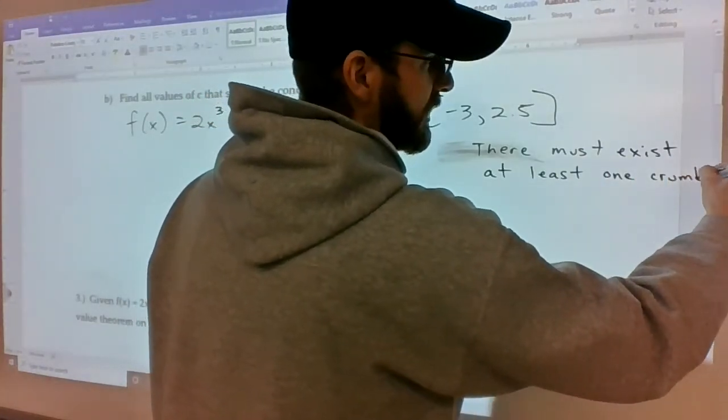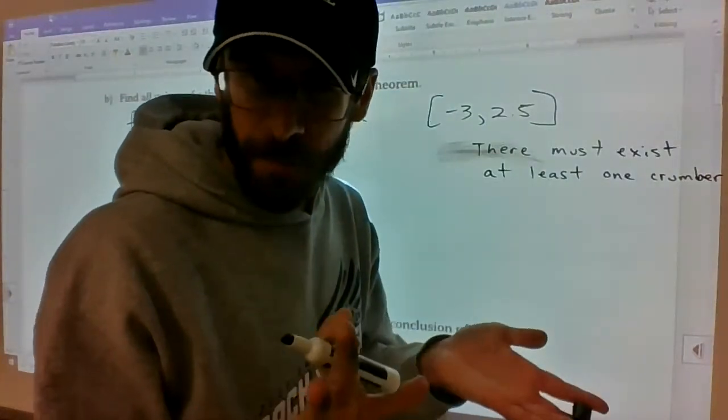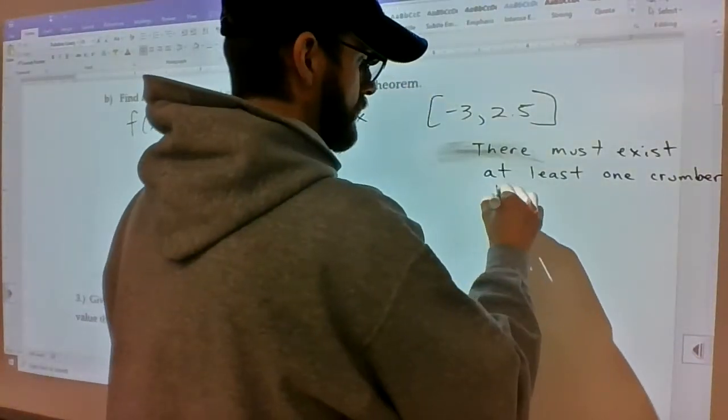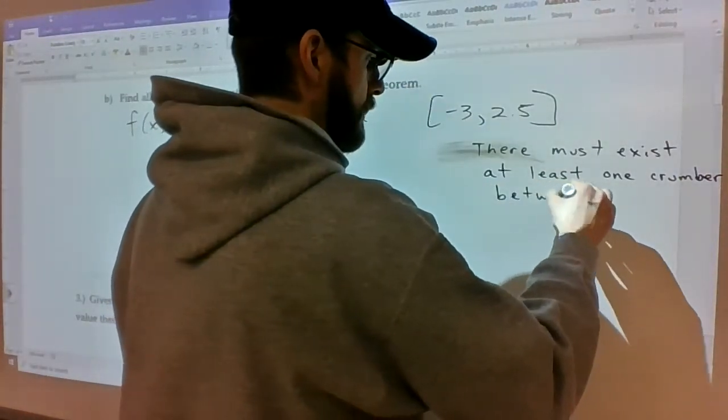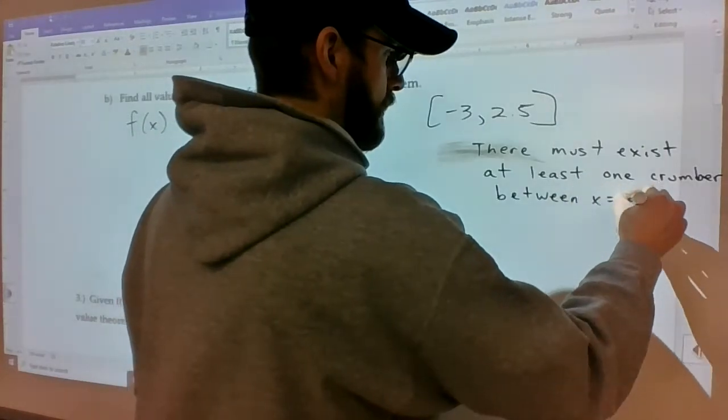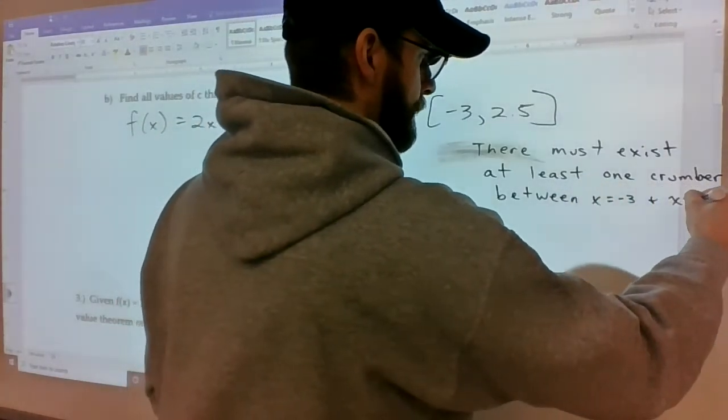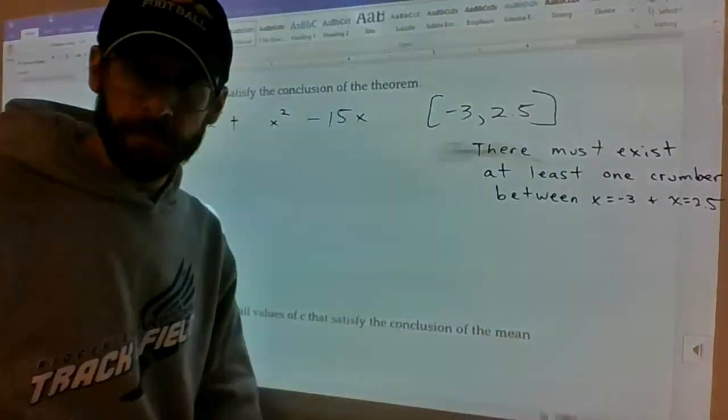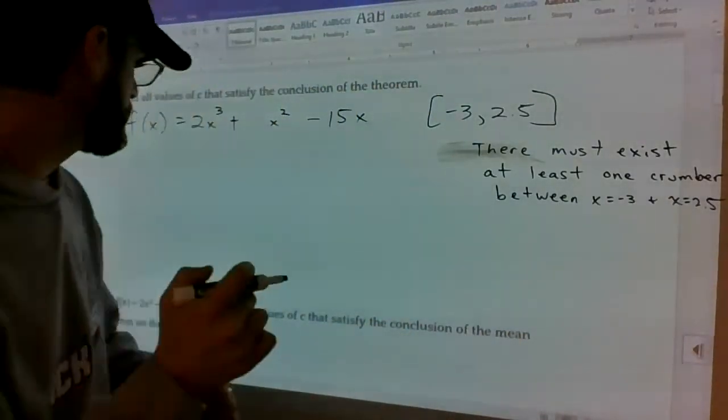I will call it by the affectionate term, crumbers, that we use. So how do we find crumbers to verify this existence?